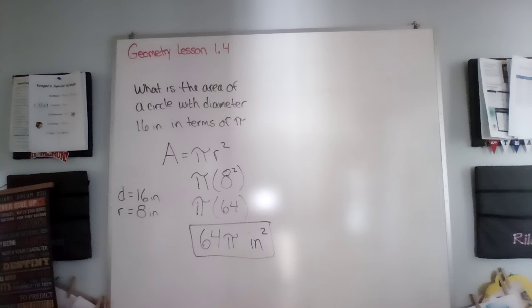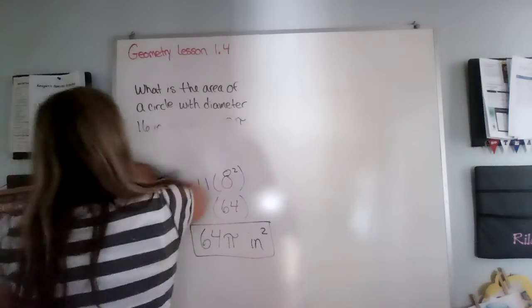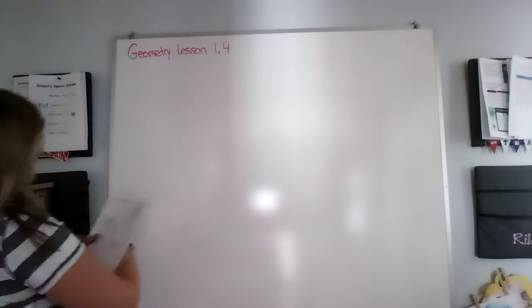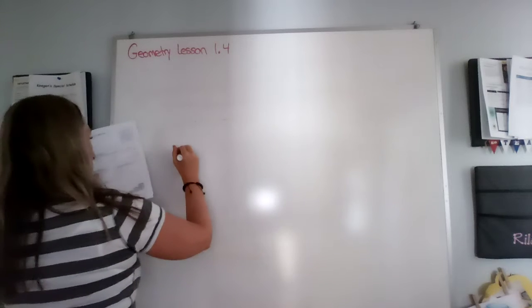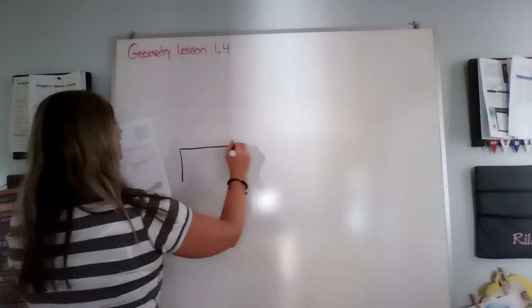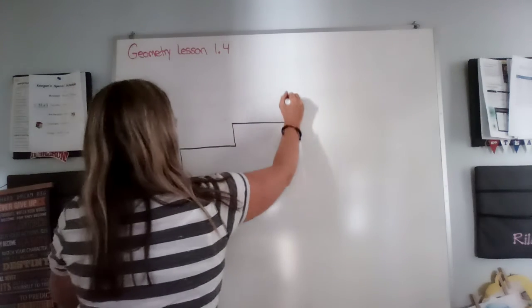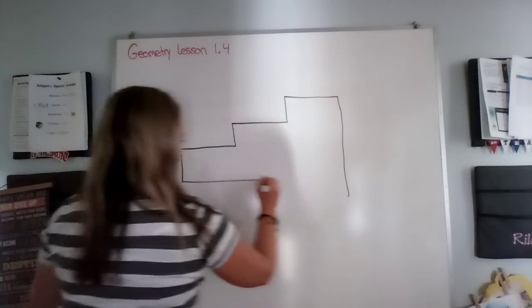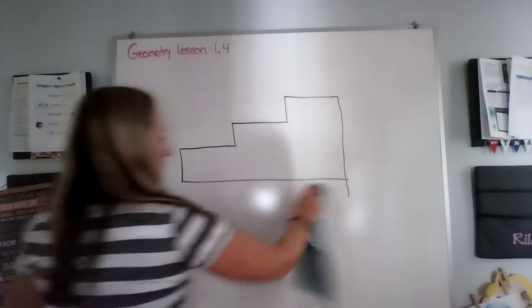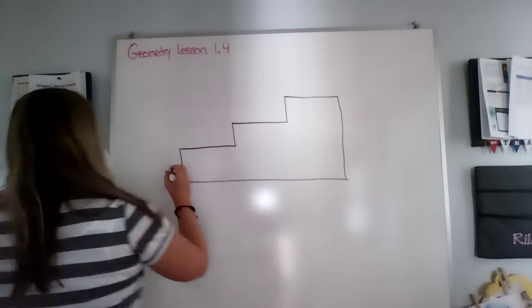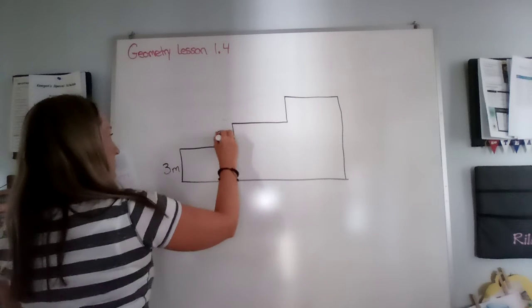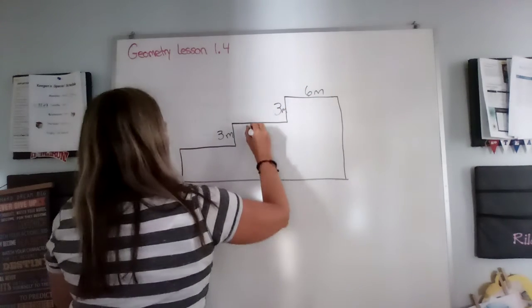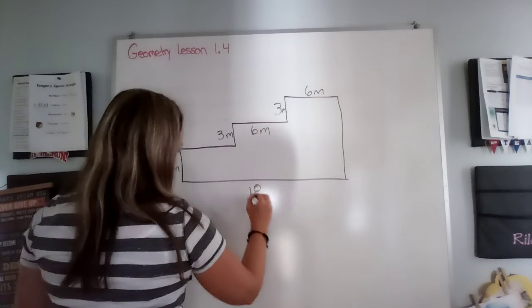All right, let's find the area of an irregular shape. meters, 6 meters, and 18 meters.